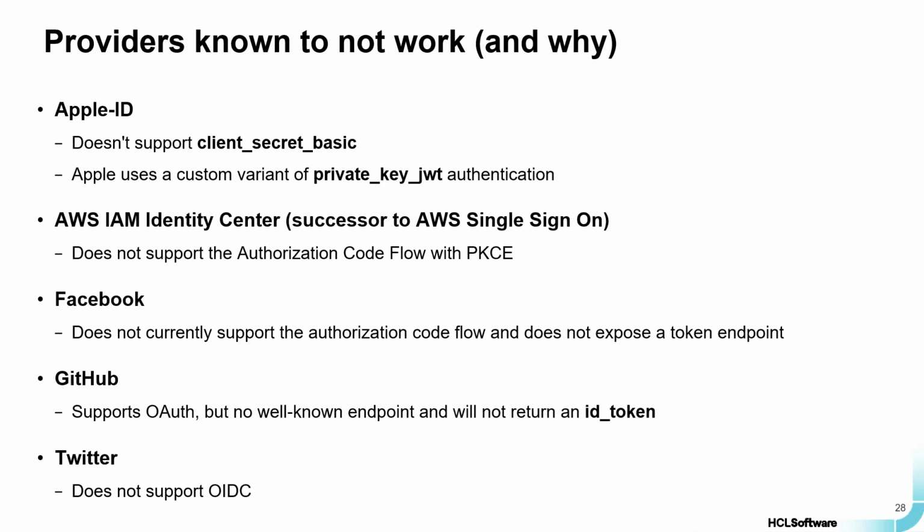So I put them here on screen and they're also documented in some place because HCL doesn't want you to try that because it will not work and it would be just frustrating. So why should someone try to get it working? I tried to get GitHub working and Facebook and Twitter and they all didn't work. And then we looked into the details and we found out what is missing.